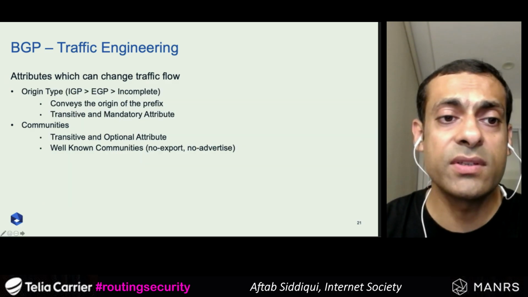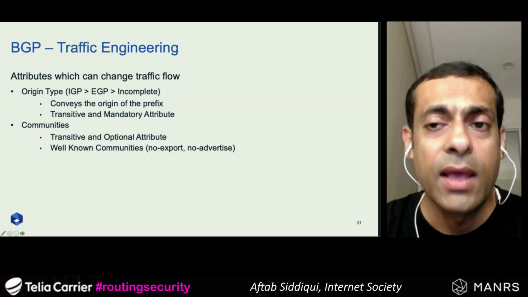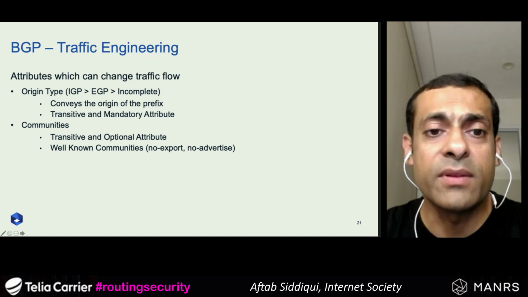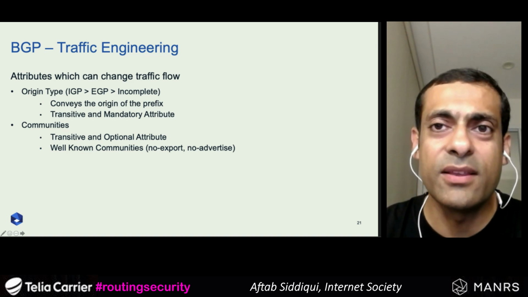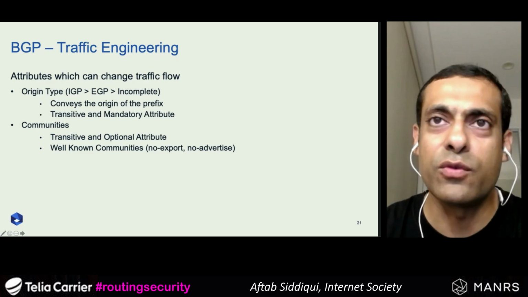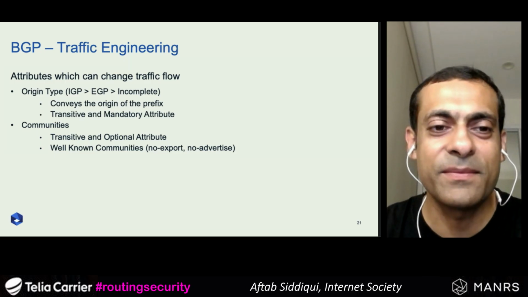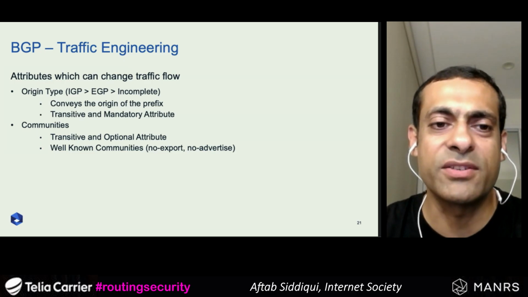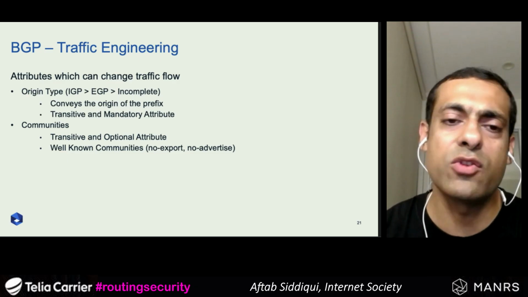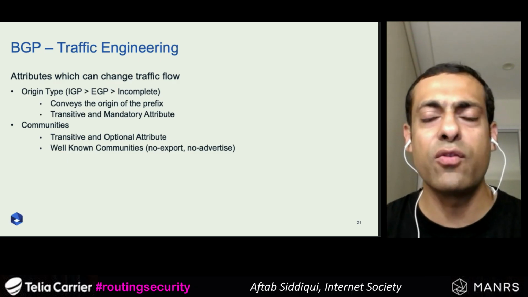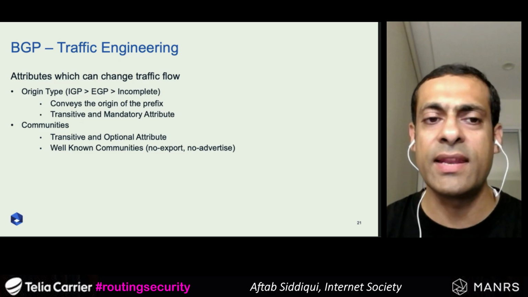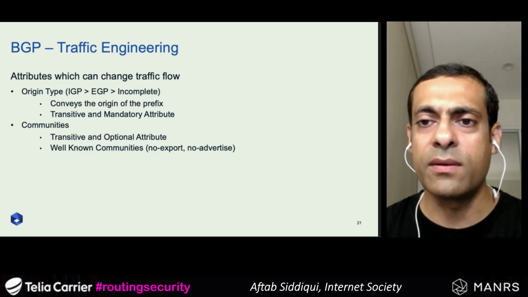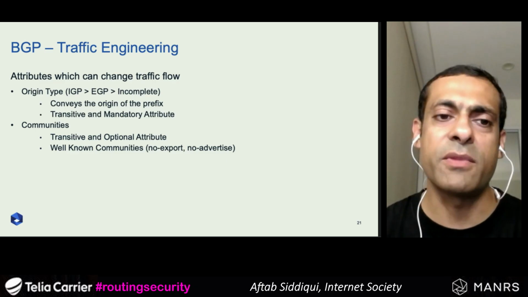Two more attributes. Another one is called origin. I haven't used it for many years. You only have two options, IGP or incomplete. So you can specify IGP for all the routes, so it doesn't make much difference.